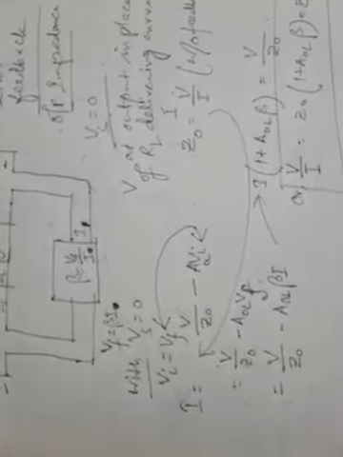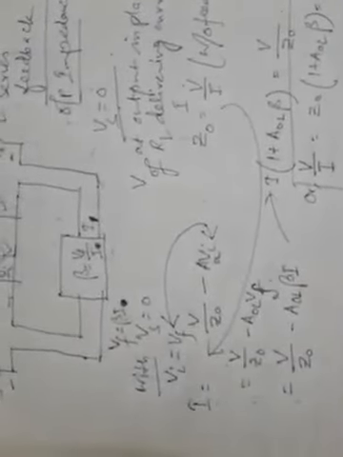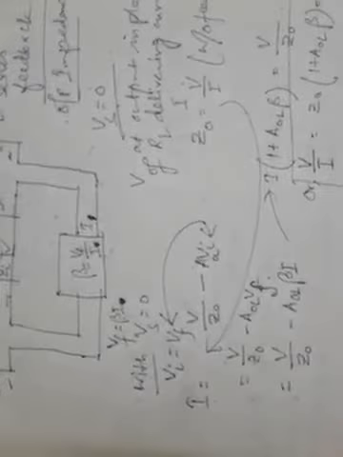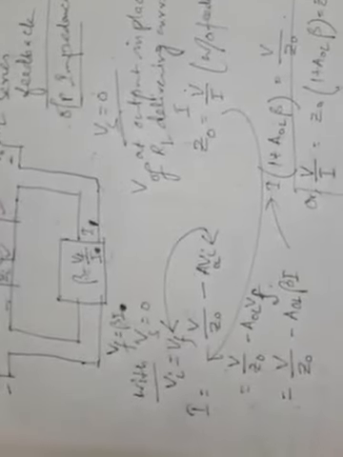So from here we can say that in case of current series feedback, the output impedance is increased by the factor 1 plus AOL beta.